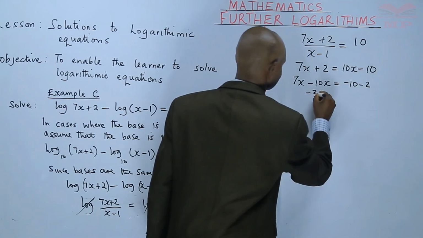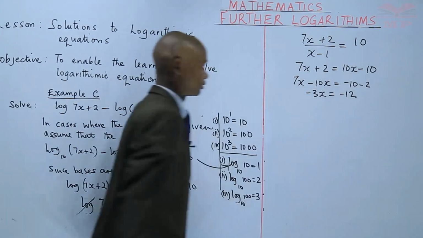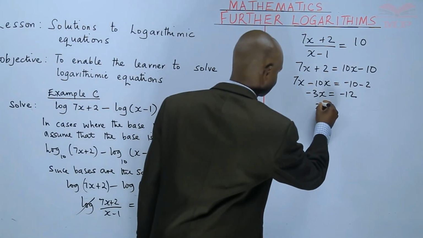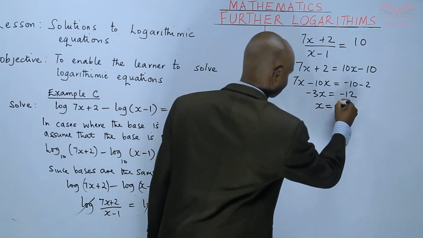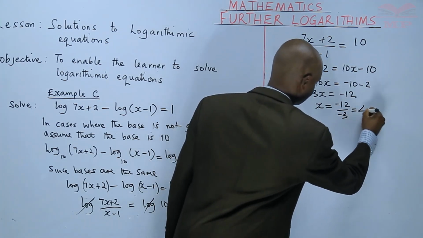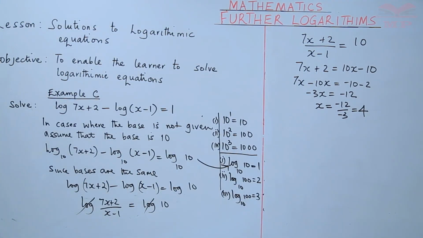You'll get minus 3x is equal to minus 12. So the value of x, learner, will be minus 12 divided by minus 3, and the value of x is 4.